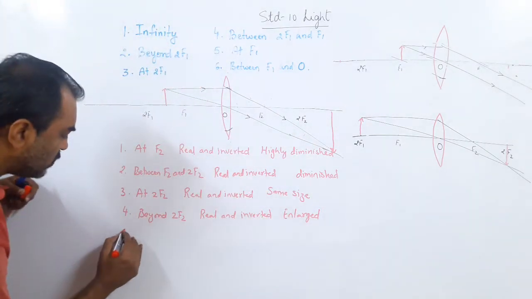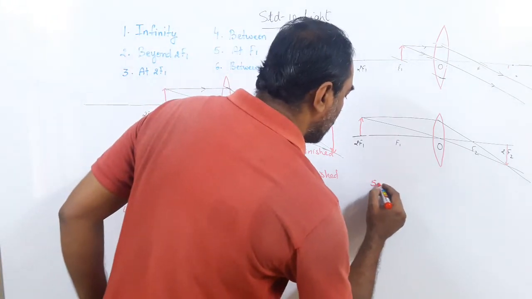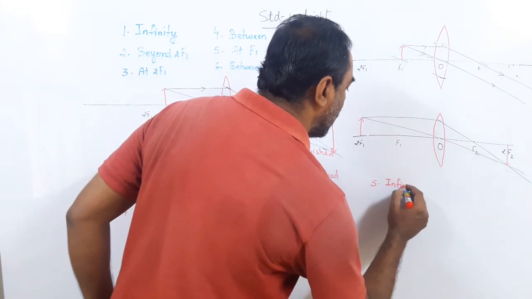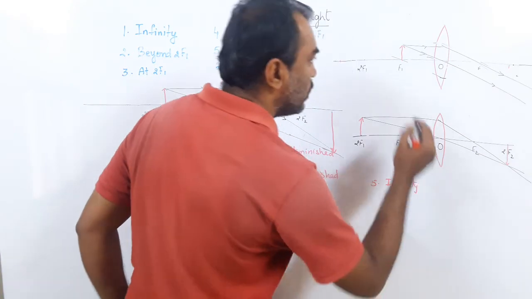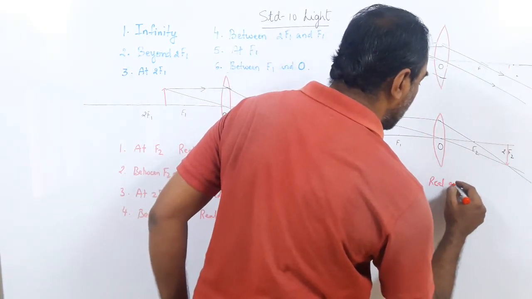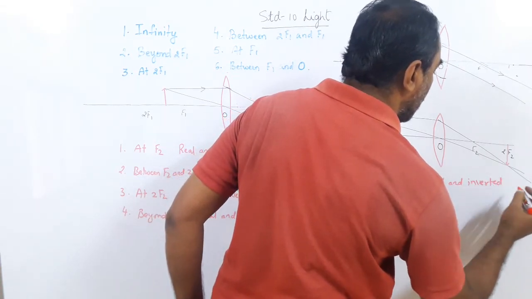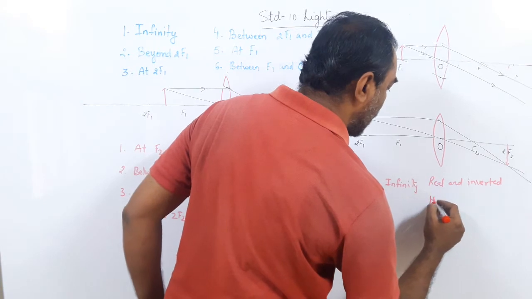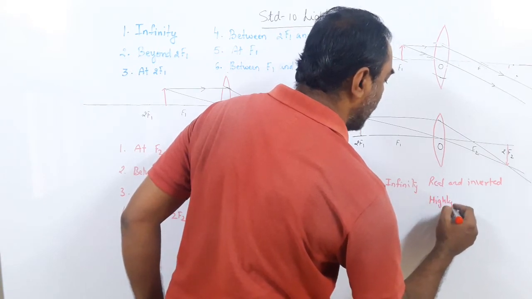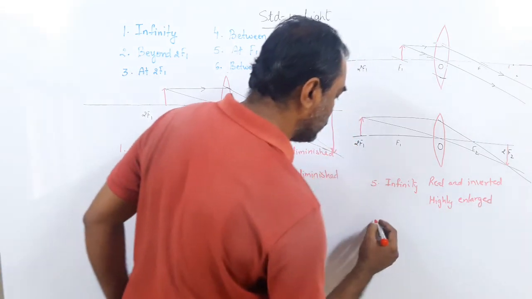So the image is formed at infinity. But because it is on the other side of the lens, it is real and inverted and highly enlarged or highly magnified.